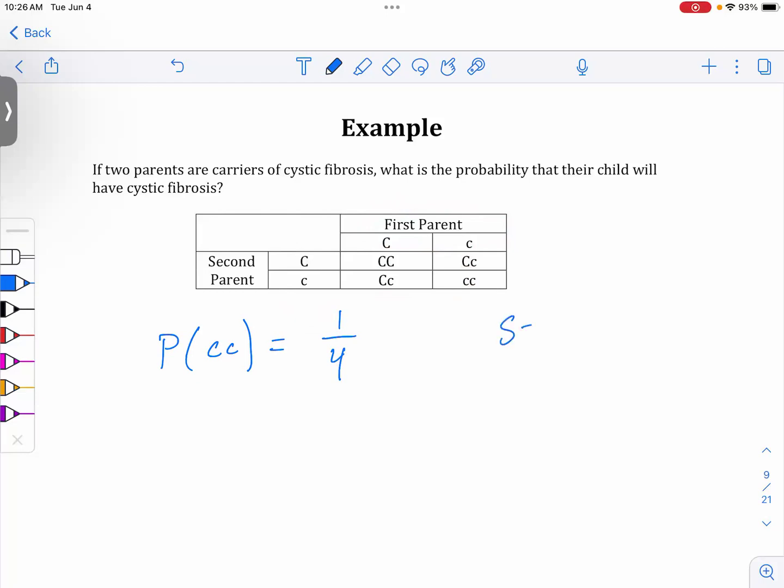Because the sample space in this case has 4 things that can happen: big C big C, big C little c, big C little c, and little c little c. And those are all the possibilities. Same thing, the chance that the child is a carrier of the disease is 2 out of 4. And so that is the absolute basics of genetics.